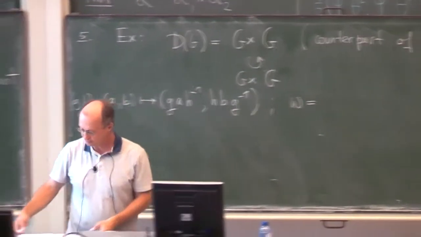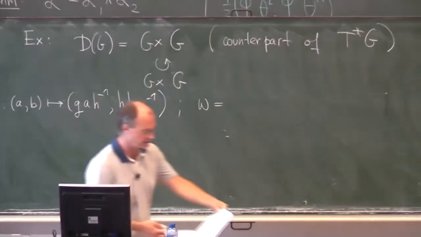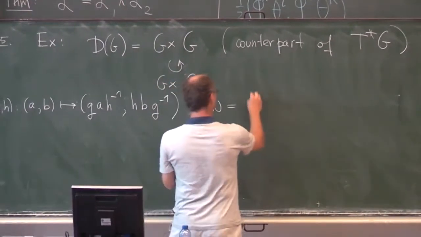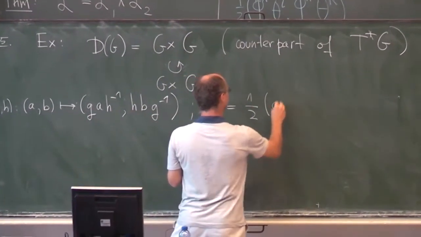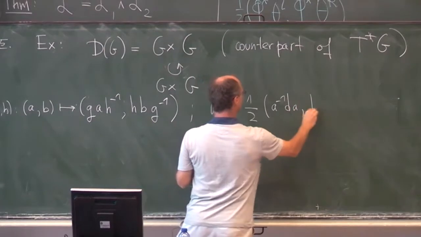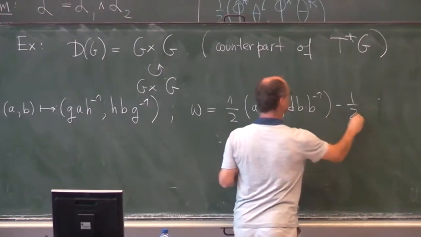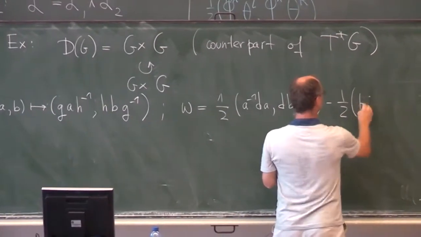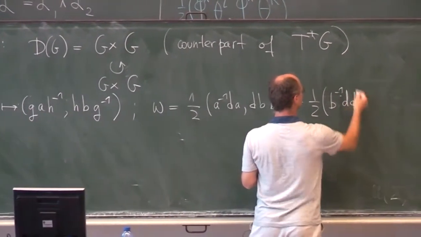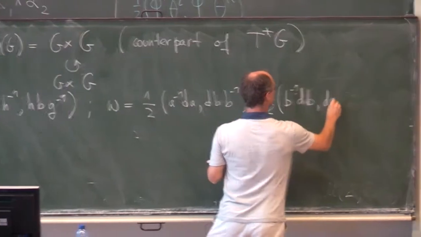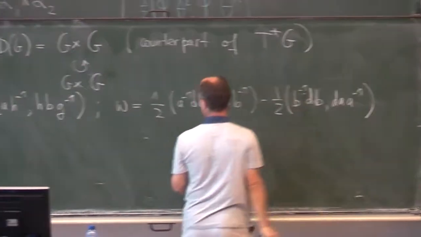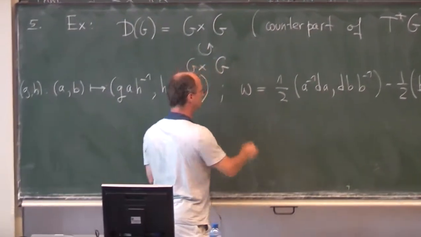But here there is a beautiful expression for this quasi-symplectic form, and it's equal to 1/2 a^{-1}da ∧ db b^{-1} minus 1/2 b^{-1}db ∧ da a^{-1}. Well, I'm not sure.